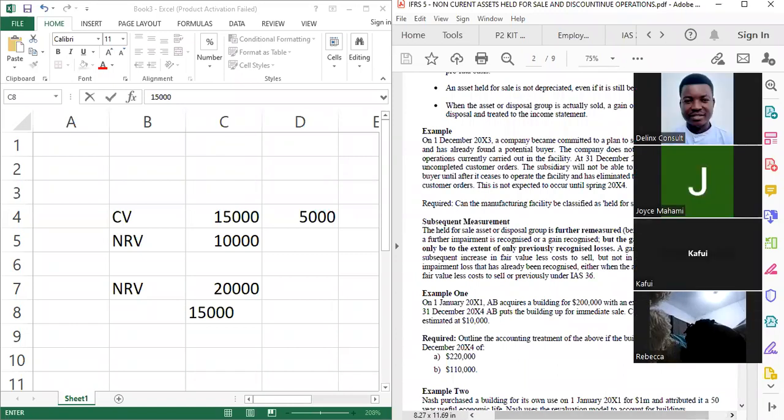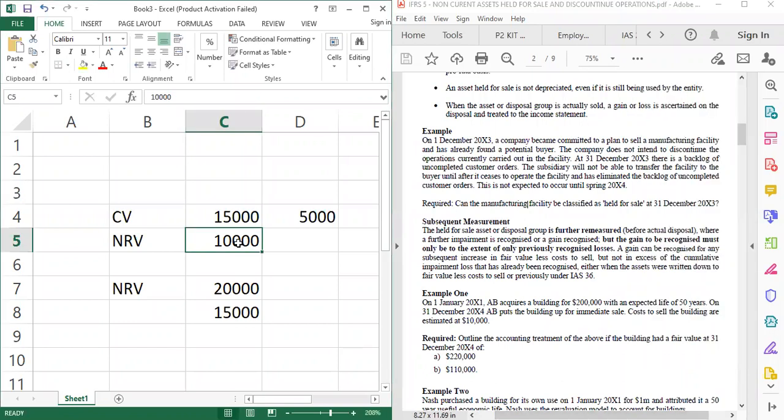So if the net realizable value is 17,000 and we are carrying the asset at 15,000, at the further measurements, the asset is now 20,000. We can't recognize a gain of 5,000 because we haven't recognized any loss on the asset. So we only recognize the future increase when we have already recognized a loss or an impairment on the asset to cancel the impairment that we have recognized on the asset.